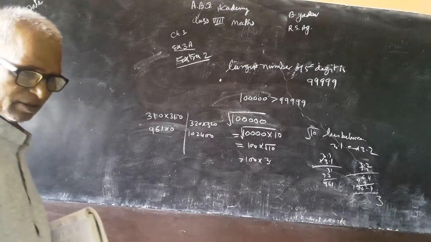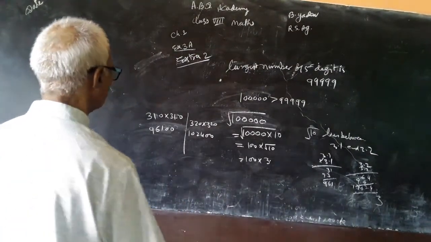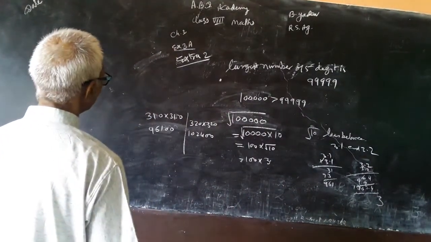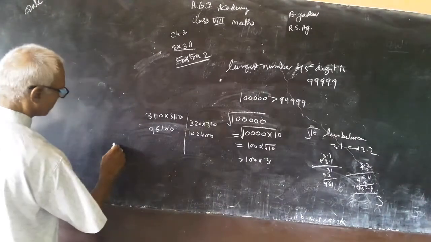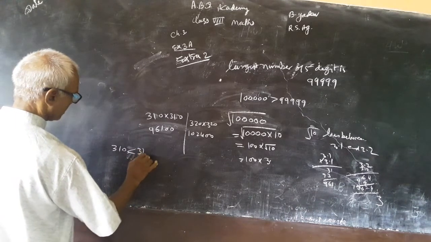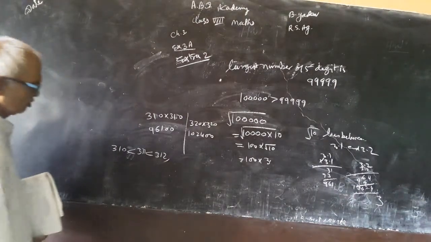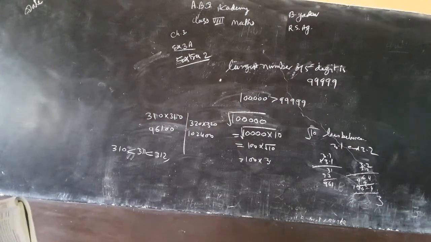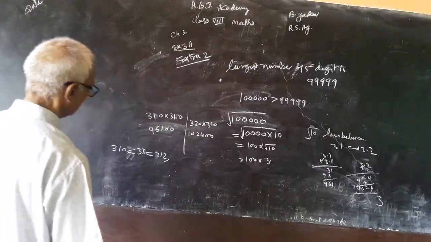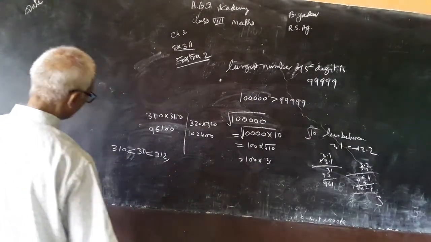But here one thing is to be remembered, that between 310 and 320, more numbers may exist, like 311, 312. Likewise, up to where should we go? So it becomes a difficult one, and you cannot go up to 320, but before that.